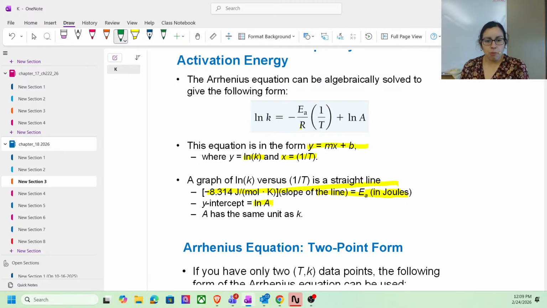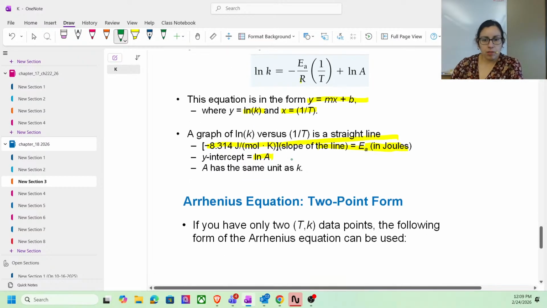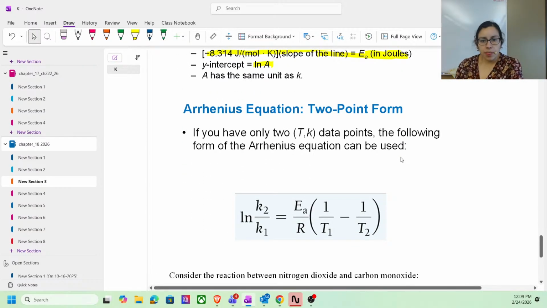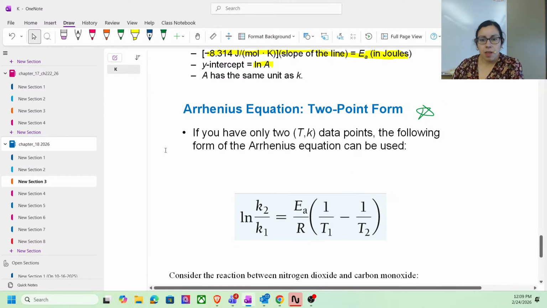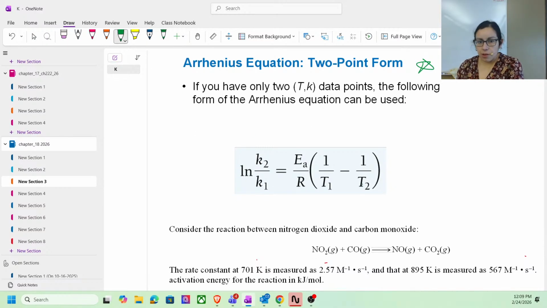And then our y-intercept is the natural log of A. A has the same units as k. And again, x is 1 over T, y is natural log of k. So that gives us a form. The other form, which maybe we use in lab, I don't quite remember the lab that well, is another common form of the equation.